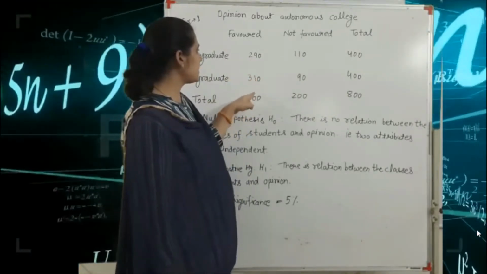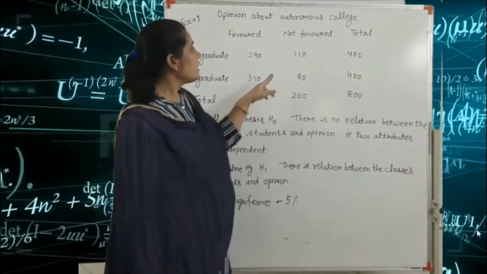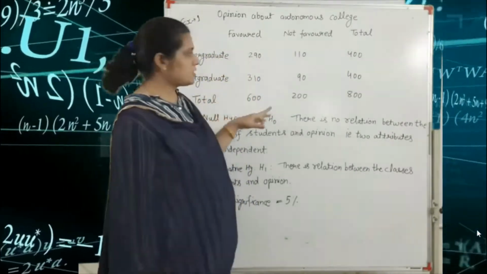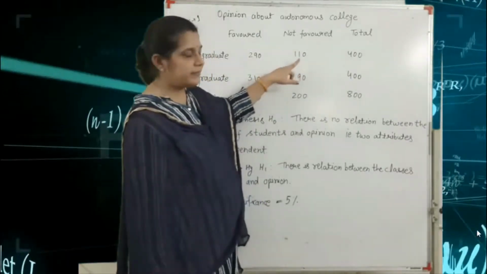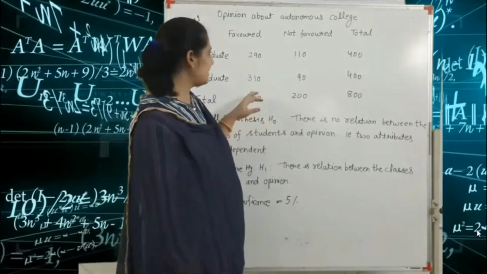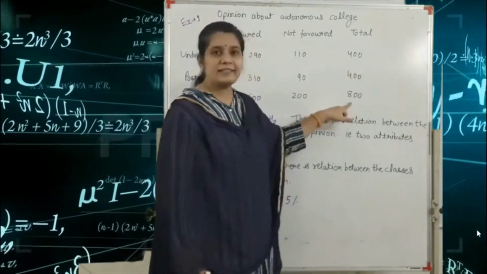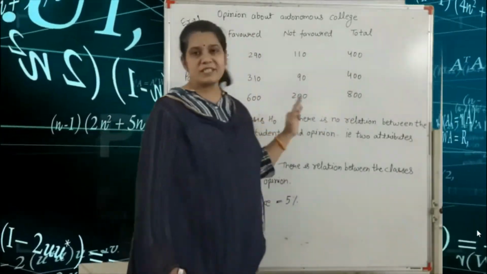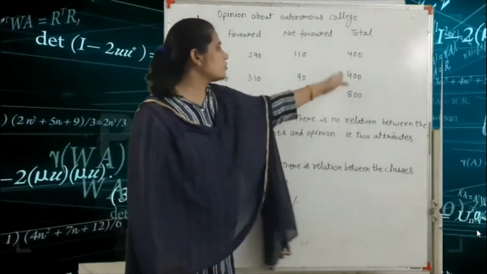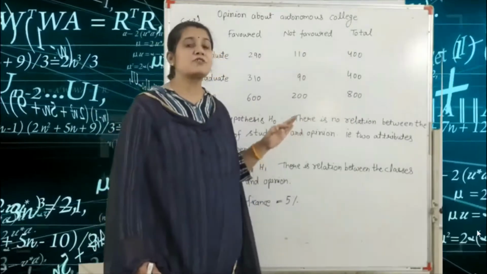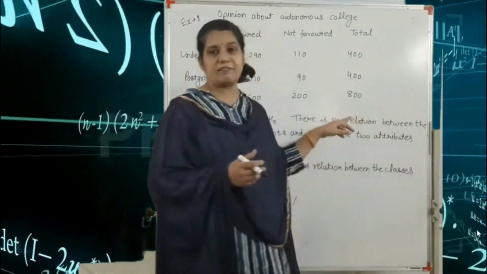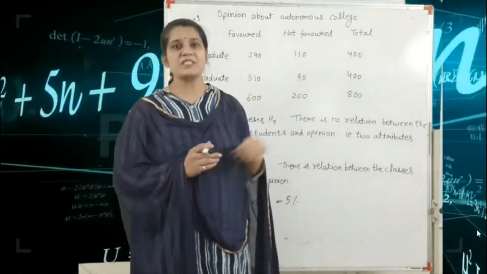Here, the not favored, undergraduate and postgraduate is 110 and 90, that means 200. First you check that this sum is 800 and this sum is 800. That means the question is correct, because if these totals are not equal, there is a problem. This is the total frequency, capital N. So this is our question.